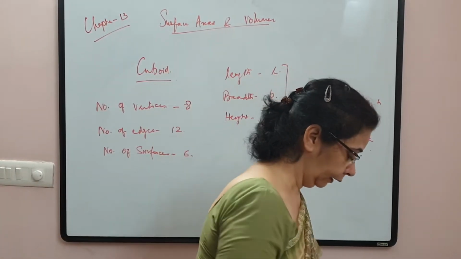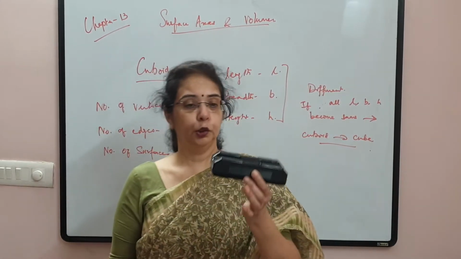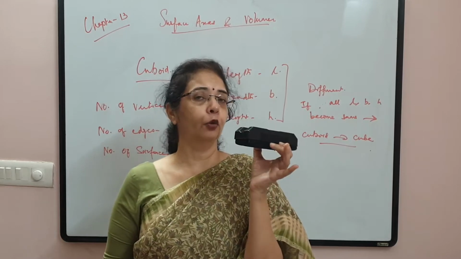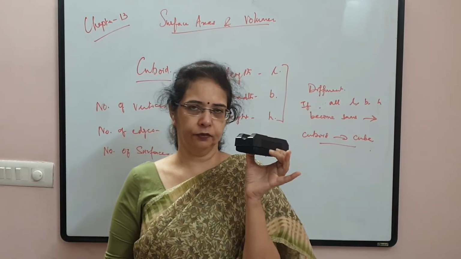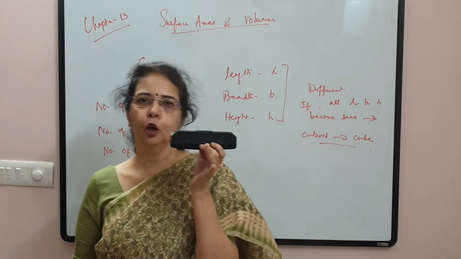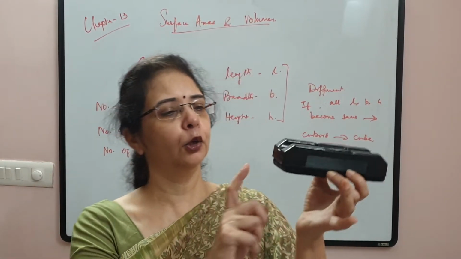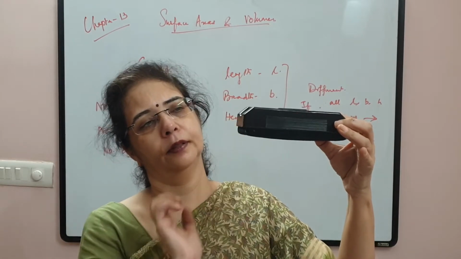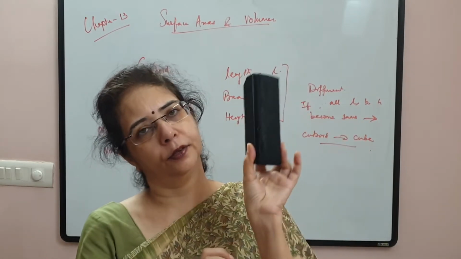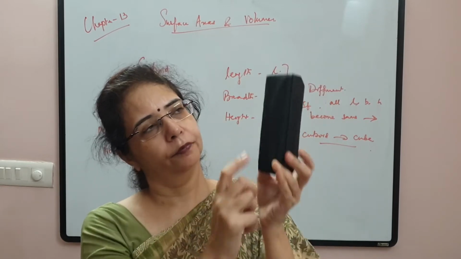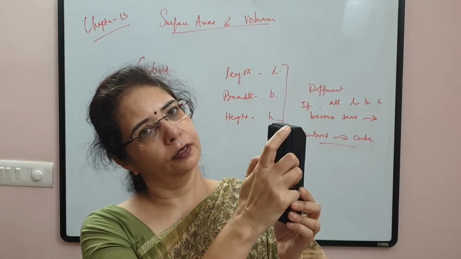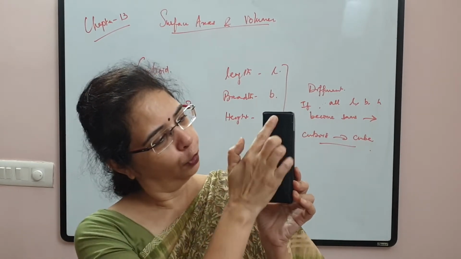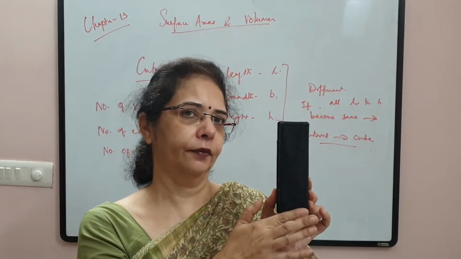Now children, you have these surfaces, but suppose you have to calculate the area of any of these 6 surfaces. I have already explained, this is length, this is breadth, this is height. So if I look at this surface, this is height and this is length. What will be the area of this surface?